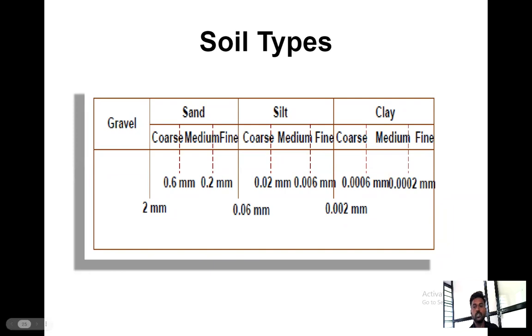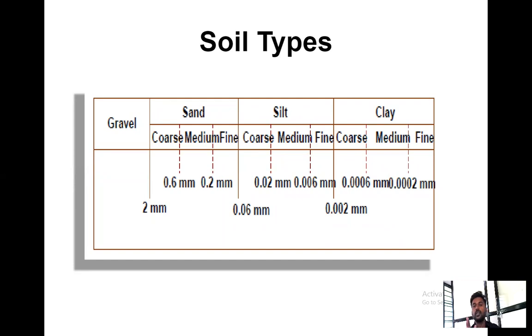Okay, please write down this table. This is a very important table. All of you, please write down this table. This is called soil type. This is for soil, not for aggregates. Please remember, this table is not for the aggregates.